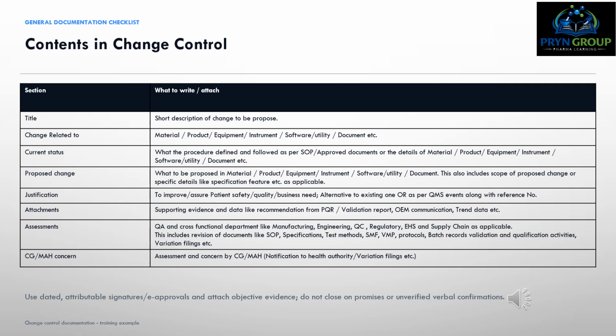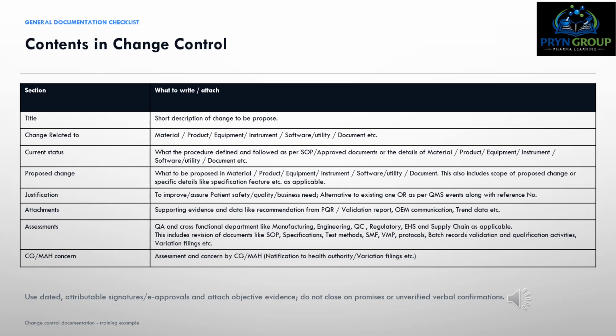Then we have to assess the received change control. You can consider the risk management approach here, or you can make a checklist. On that basis you can identify the impacted things, activities or systems.